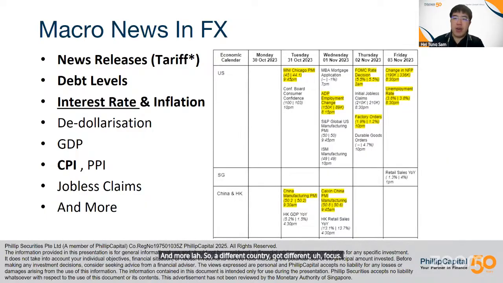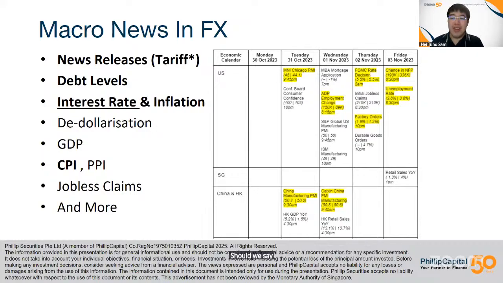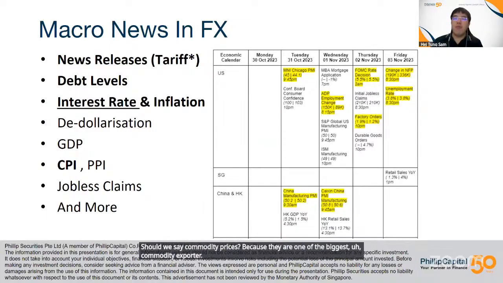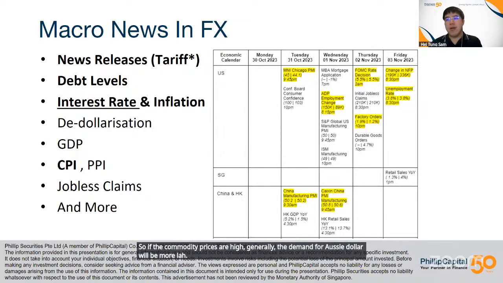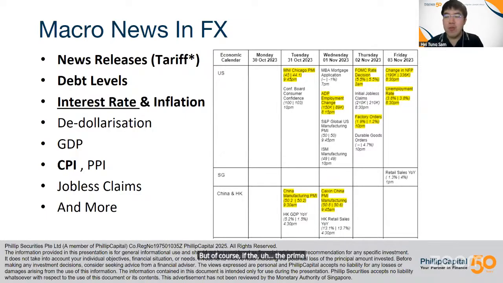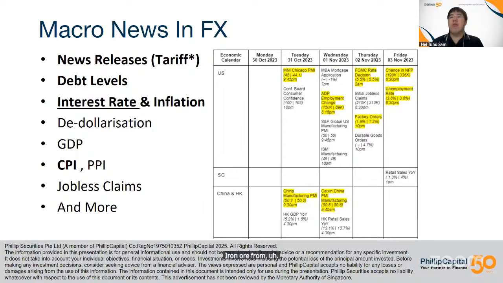Like Australia, the Aussie dollar can be more correlated with iron ore price, or should we say commodity prices, because they are one of the biggest commodity exporters. If commodity prices are high, generally the demand for Aussie dollar will be more. The prime example would be around 2013, when China was buying a lot of iron ore from Australia, and the Australian currency went very high.